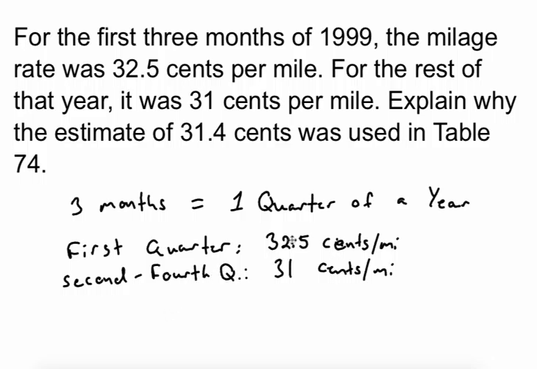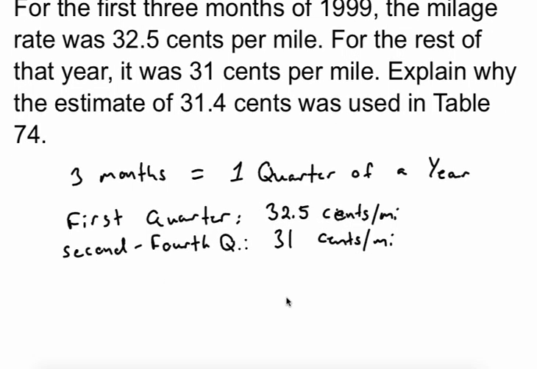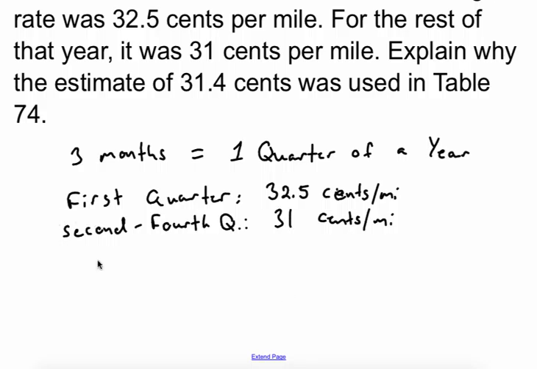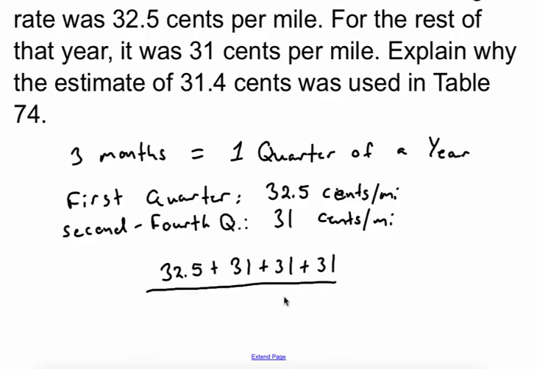So basically what we need to do is just average this out. Remember that an average would be something like this. The first quarter was 32.5. The second quarter was 31. The third quarter was 31. And the fourth quarter was 31. And this would be all over 4.